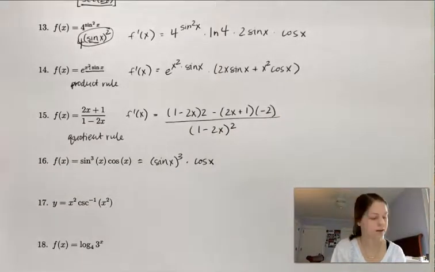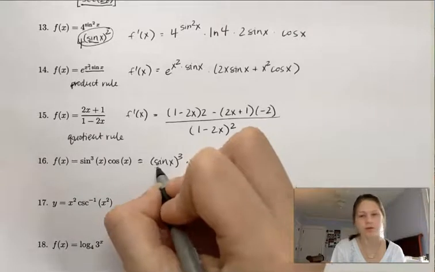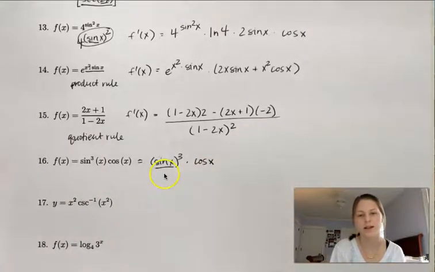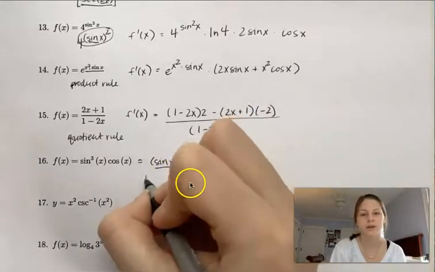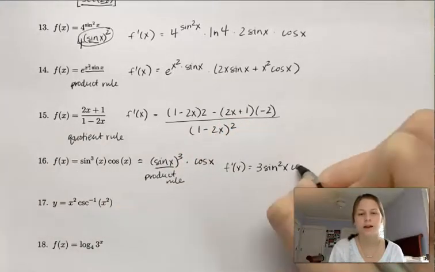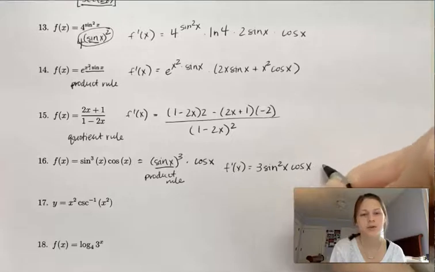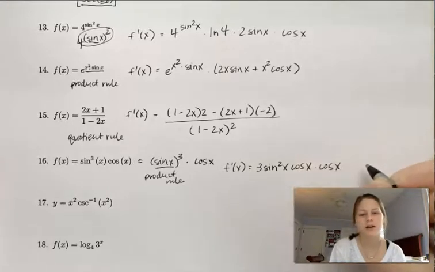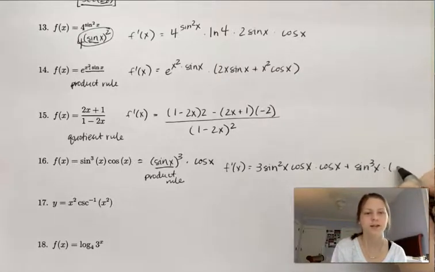I'll indicate that this is chain rule, as we have that function sine x on the inside, so we have to do chain rule. And so for our answer, we will get f prime of x equals 3 sine squared x times cosine x plus sine cubed x times the negative sine of x.